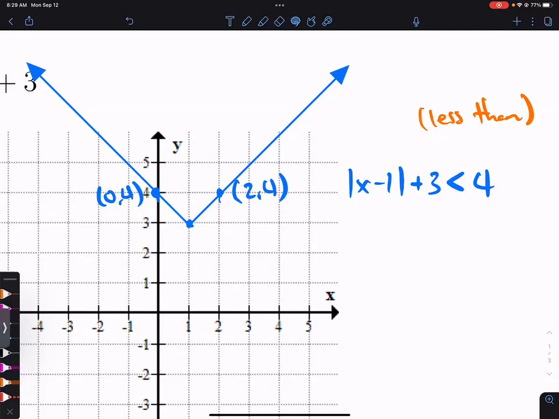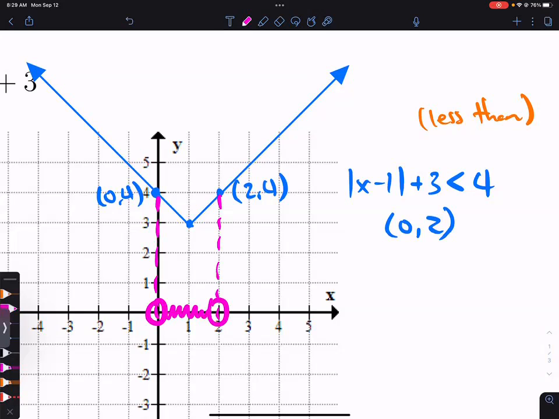What happens at 2 is that they're equal. So what if this said less than or equal to instead? Then square brackets, right? Because they're equal to it. Okay. So this is true for all x values between 0 and 2, or in other words, everything in there. Right?